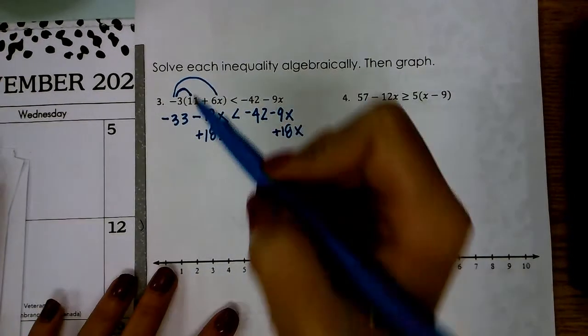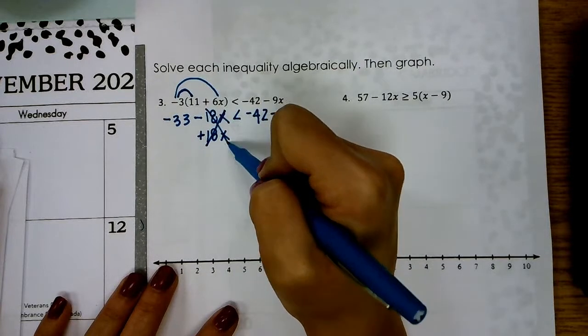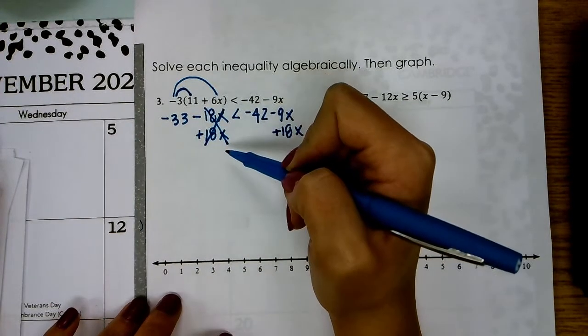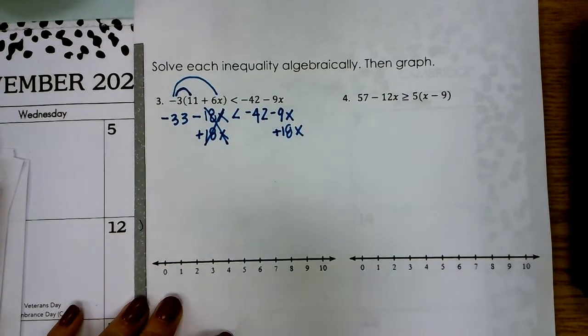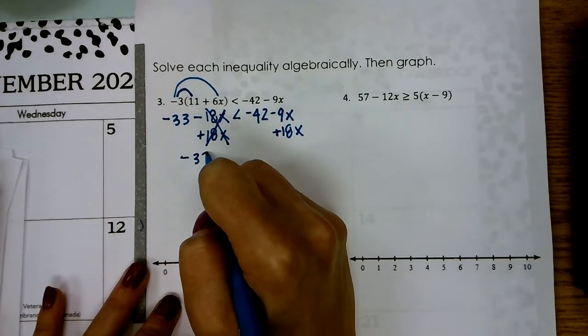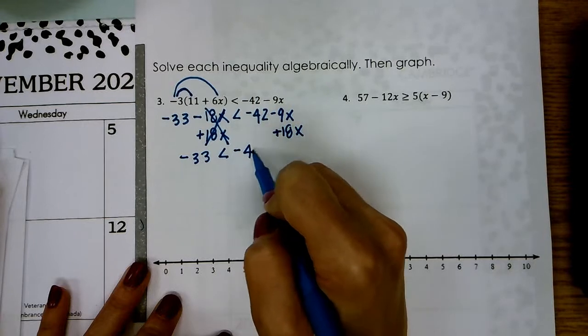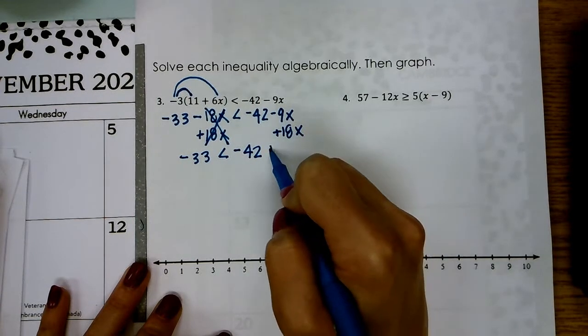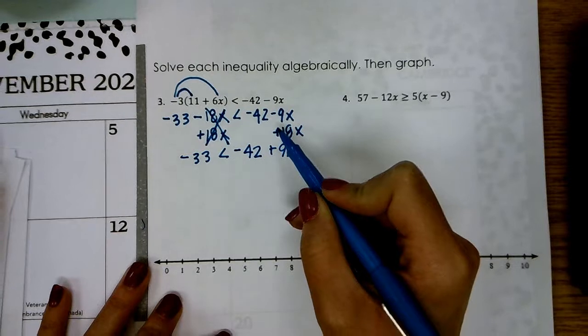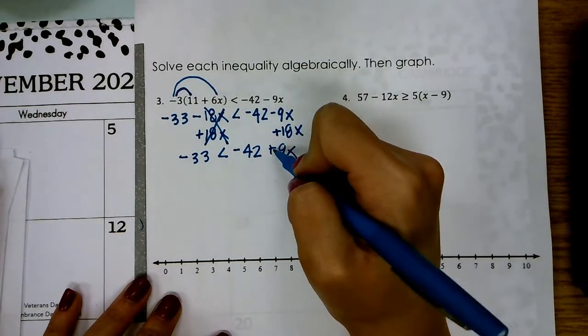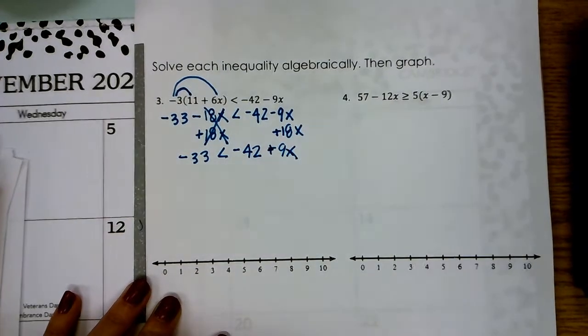When we do that, on the left-hand side here, these 18x's go away. We had negative 18x. We added 18x to move it to the other side. So we're left with negative 33 is less than negative 42, and then this would be plus 9x, because negative 9x plus 18x is positive 9x.